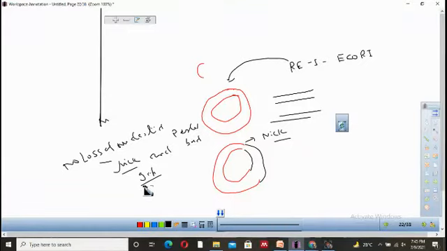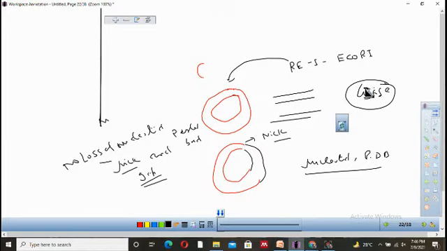But in case of the gap, both the nucleotide as well as the phosphodiester bond are absent. So this sealing is done by the enzyme that is called ligase.